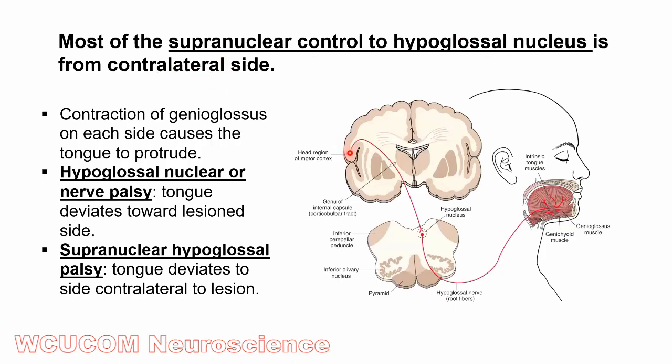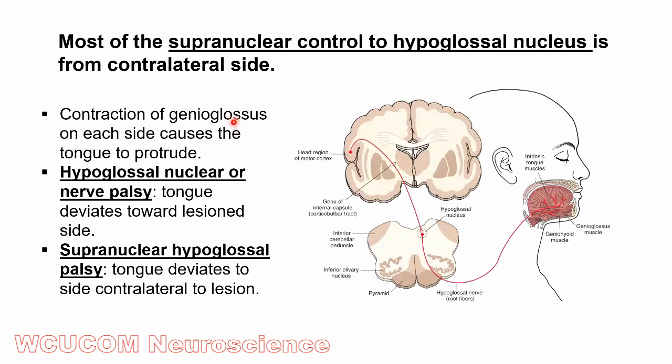So what it is peripherally is that from this nucleus, right, we get the innervation to genioglossus muscle. So genioglossus muscle on each side causes the tongue to protrude.